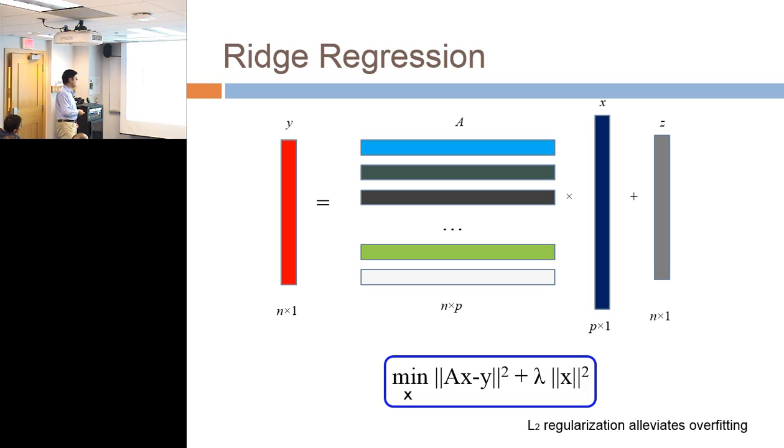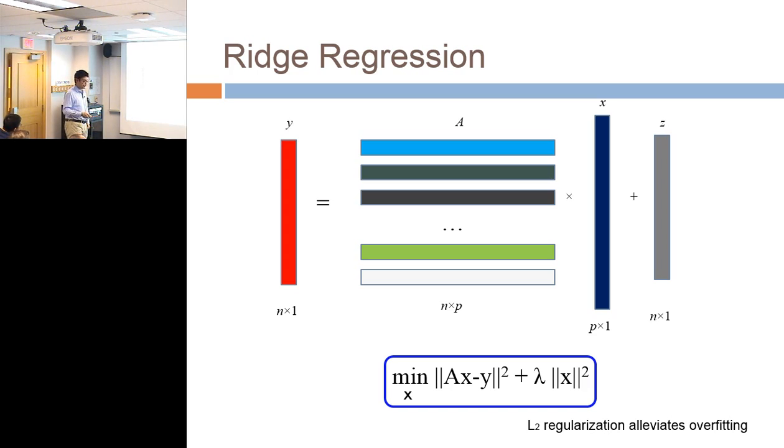The first part is a loss function, which measures the fitness of the model with regard to the observed data. And the second one is a regularizer. This usually limits the complexity of the model, because we know that complex models are usually prone to overfitting. In case you don't know the meaning of overfitting, intuitively overfitting implies poor generalization performance.